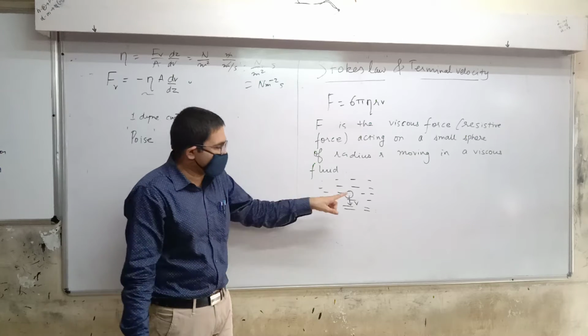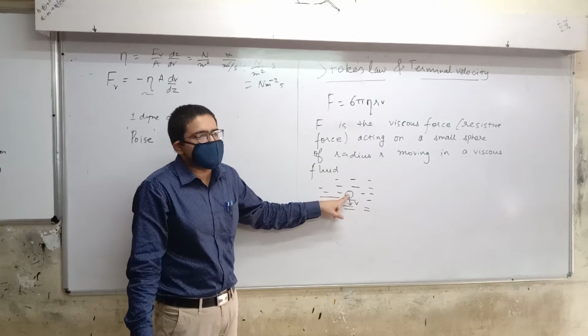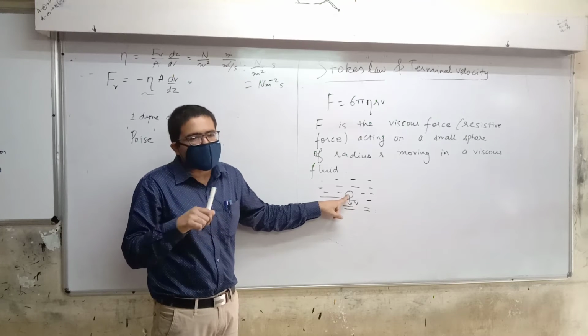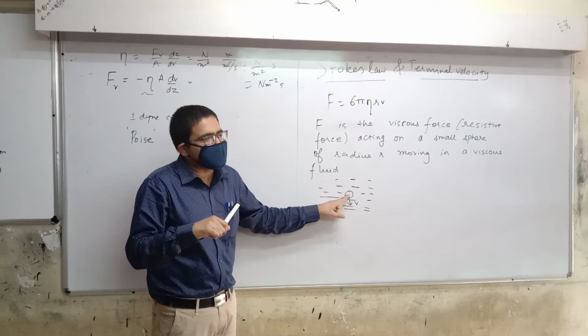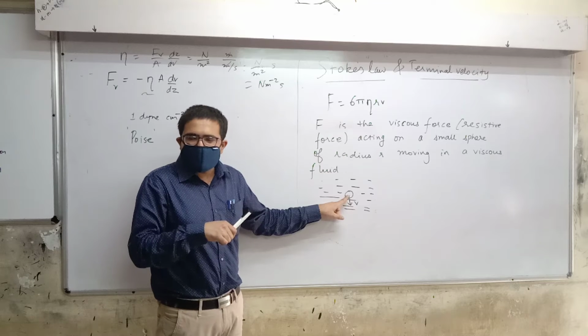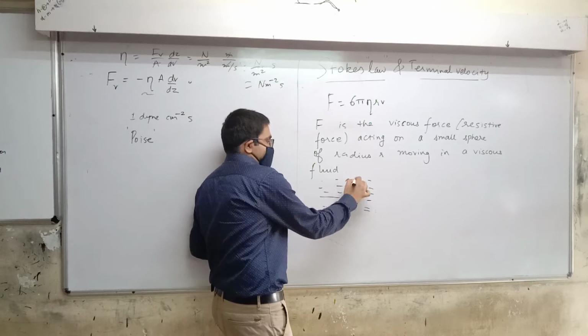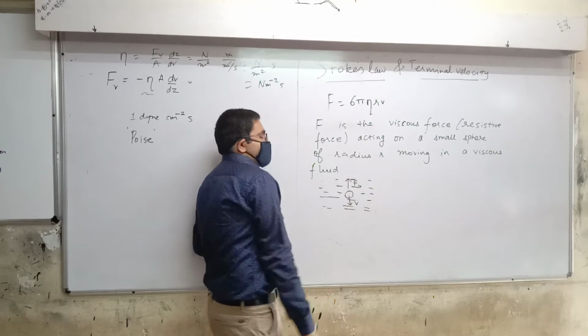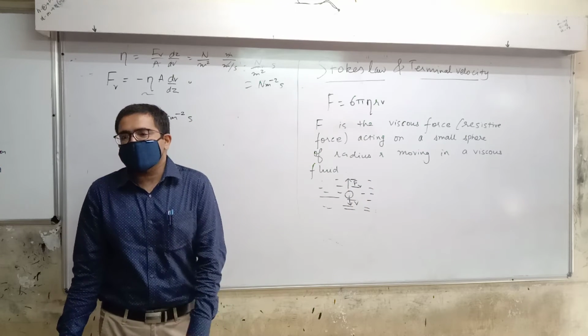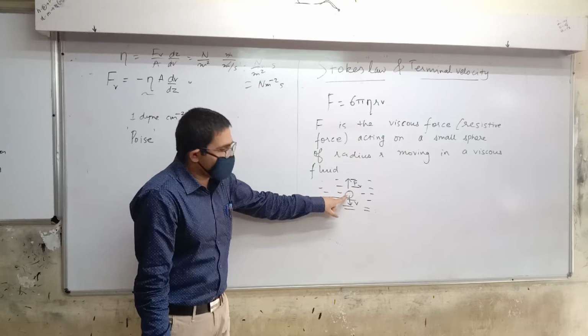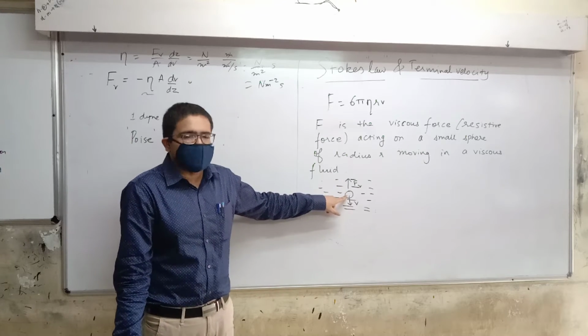The fluid will apply a force on this sphere in the upward direction. Why is it doing that? Because the fluid is trying to stop this sphere from moving.